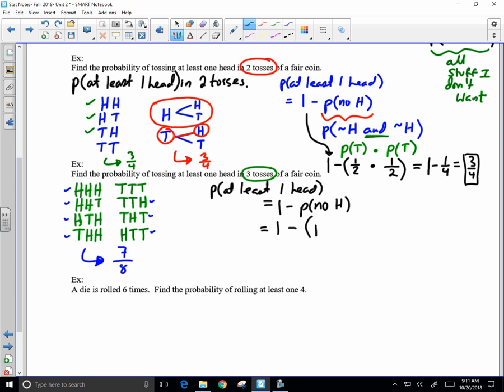So I'm looking at the probability of getting tails times, I'll go capital because I did capital everywhere else, the probability of getting tails times the probability of getting tails. I guess I don't need the open parentheses. It's not an order of operations thing. All right, so that's talking about what I did over here, this transition. It's not 2 tosses anymore, it's 3 tosses.